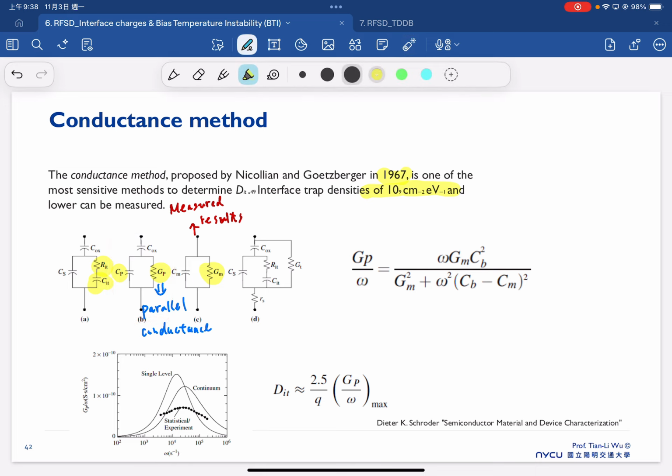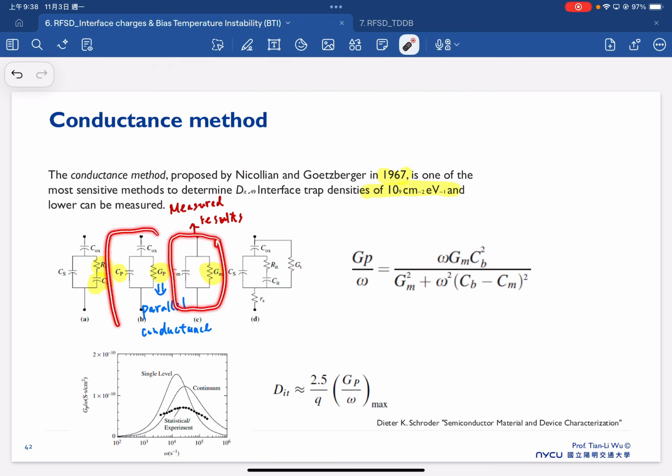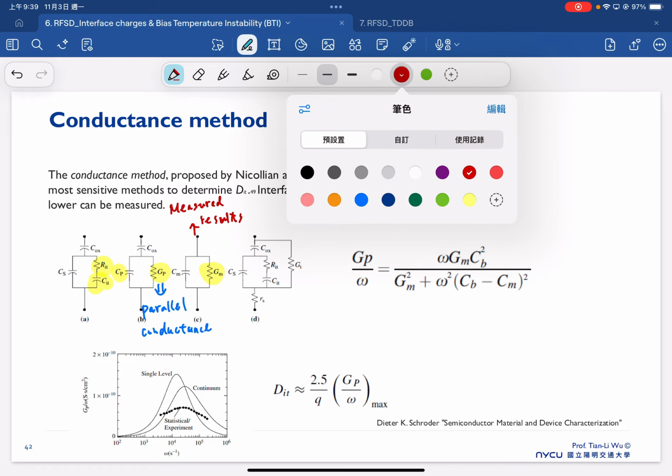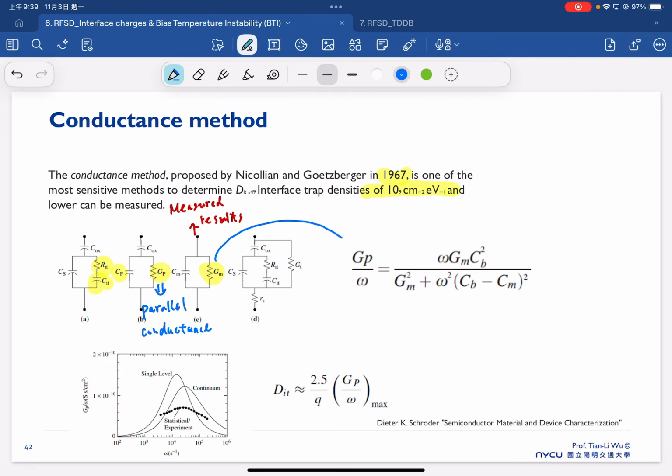By equating these two, we can simply calculate the correlation between GP, our parallel conductance, versus our measured conductance and measured capacitance.